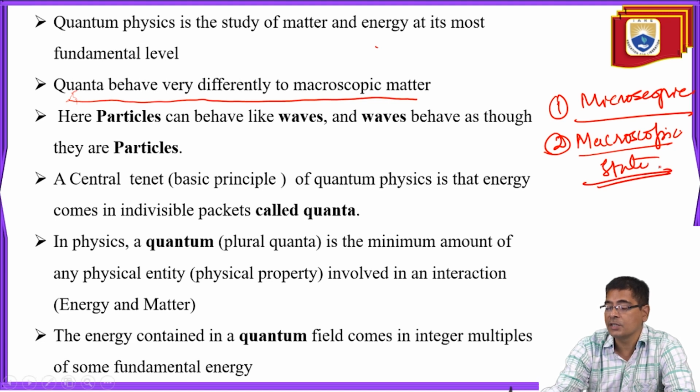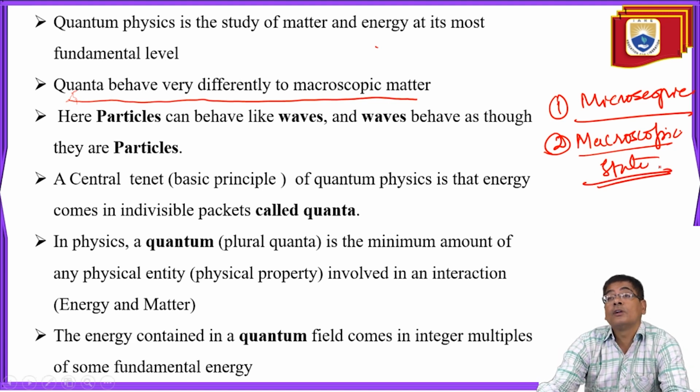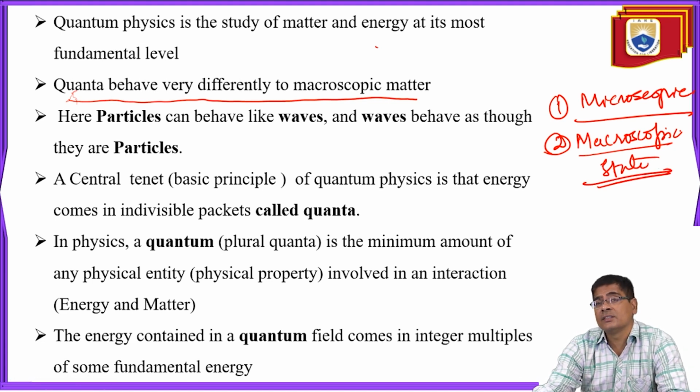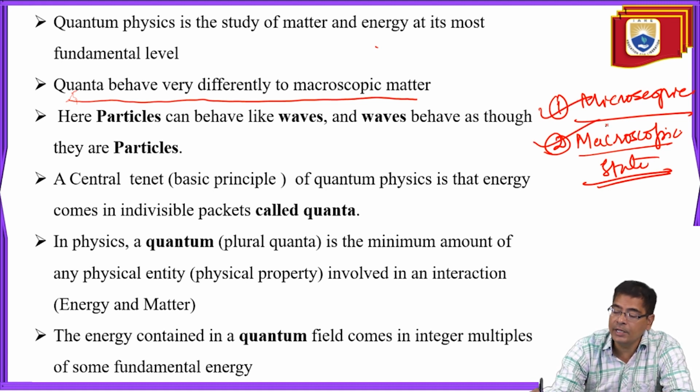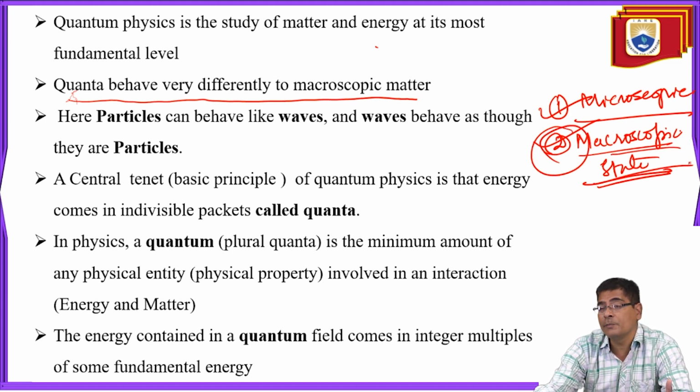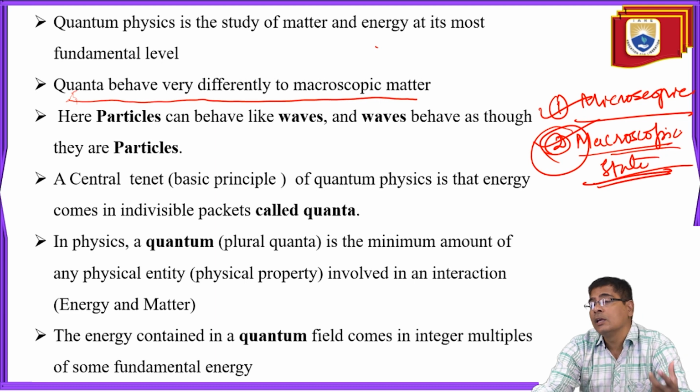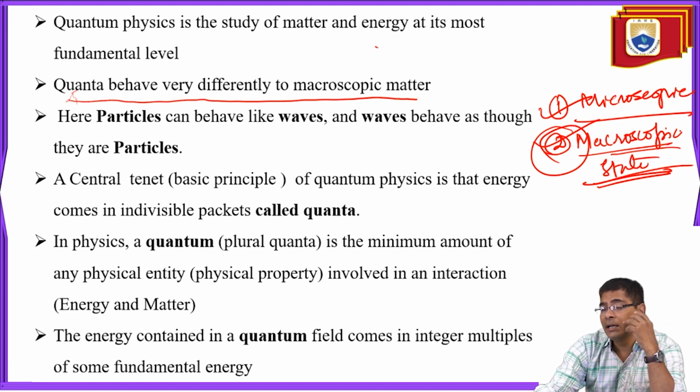The macroscopic state is the state which cannot be seen through our naked eye; rather, it is to be sensed, to be assumed. So quantum mechanics, the part of quanta, behaves very differently to this macroscopic state. The microscopic state, which can be seen through the naked eye, can be analyzed using classical physics or classical mechanics. That's why quanta behave very differently to macroscopic matter.